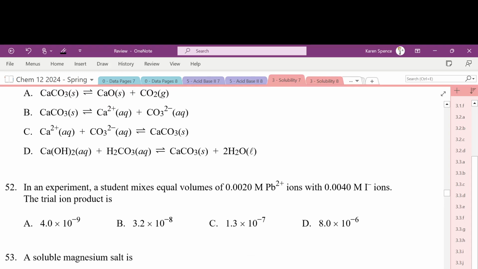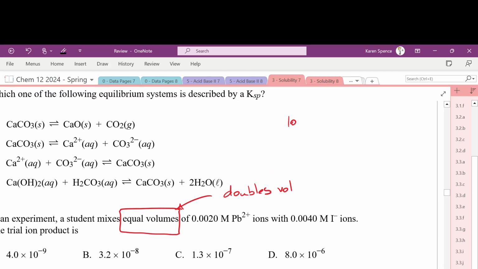Okay, a student mixes equal volumes. Whenever you see equal volumes, what's happening is you are doubling the volume, right? Because let's say I started with 100 milliliters of each, then my final volume would be 100 plus 100 is 200 milliliters.